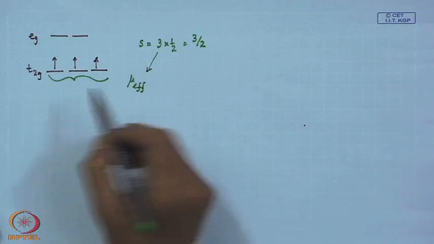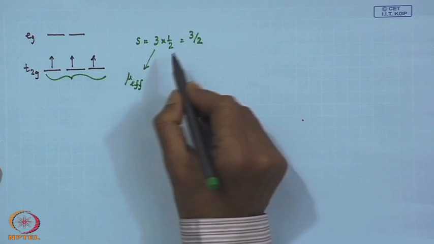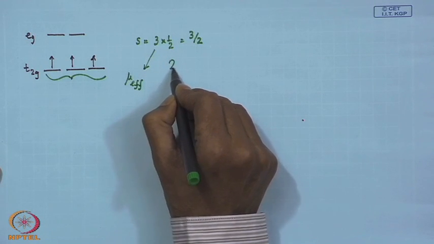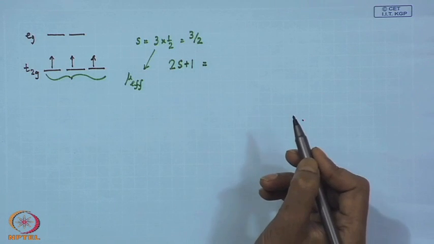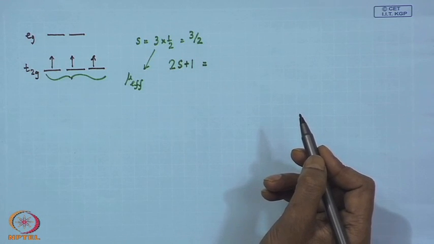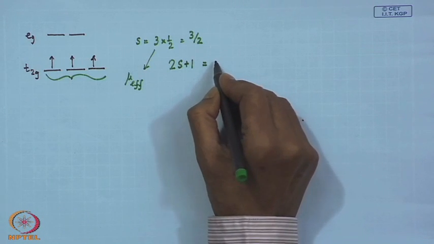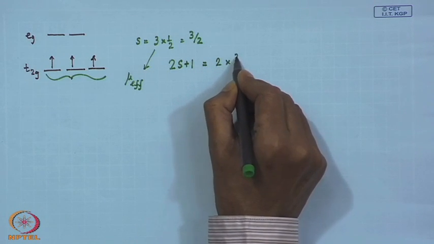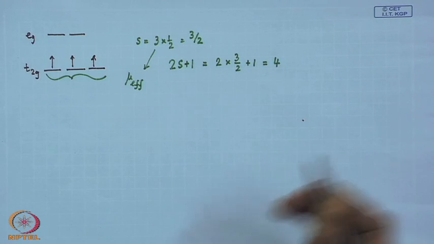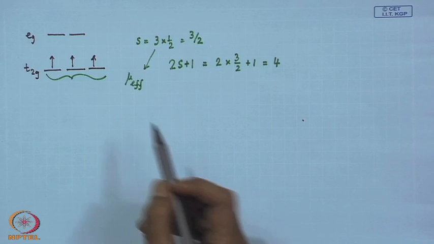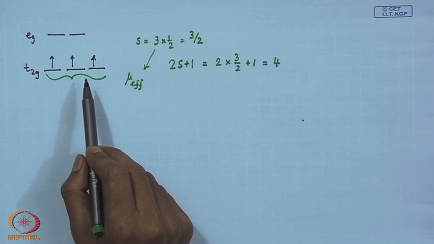When 3 unpaired electrons are still there, we get a total S value equal to 3 by 2, and the spin multiplicity, which is the number of arrangements possible with this many unpaired electrons, is equal to 2S plus 1, which is 2 into 3 by 2 plus 1, that is 4. So, 4 different arrangements are possible when we have 3 unpaired electrons.